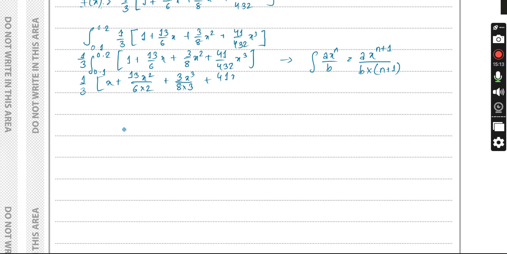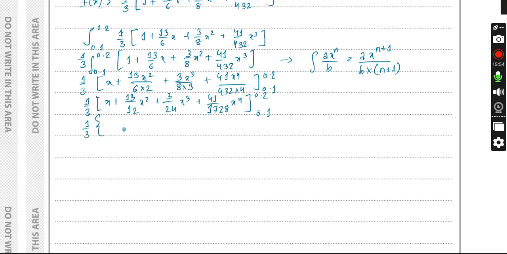So this would be 41 x to the power 4 over 432 multiplied by 4, and the limits 0.2, 0.1. So this would be x plus 13 by 12 x squared plus 3 by 24 x cubed plus 41 by 432 multiplied by 4 is 1728, x to the power 4, between 0.2 and 0.1.